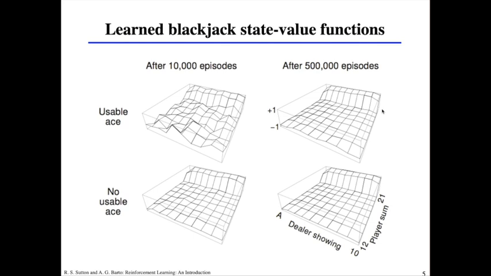The values here are at 21. The values of being in those last two states are really good, and the values of being here are lower, so you'd rather be there, right? That's just what the value function is telling you. But it has to learn separate functions for whether the ace can bring you over or not.